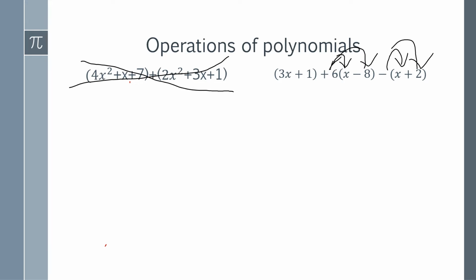So 6 times x is 6x, right? So what about 6 times negative 8? Well, that's just negative 48.